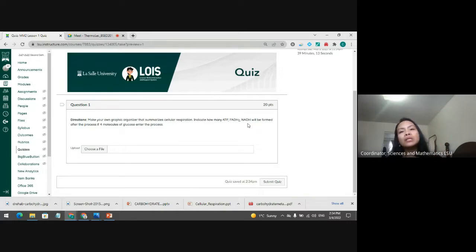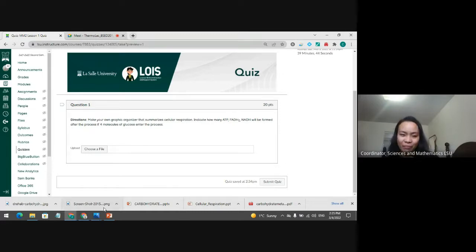And I will also be giving you another video making all that information in your module simpler. The number of these that will be formed after the process if 4 molecules of glucose enter the process. Take note, you are given 4 molecules of glucose. So you are going to indicate the number of ATPs, FADH2, and NADH.